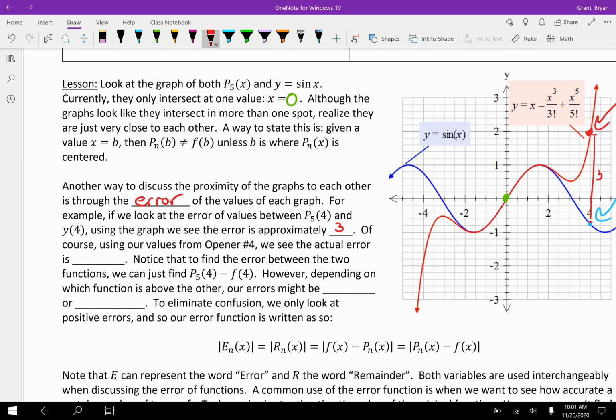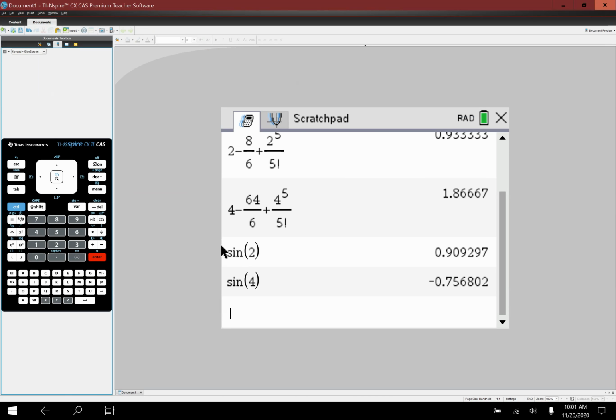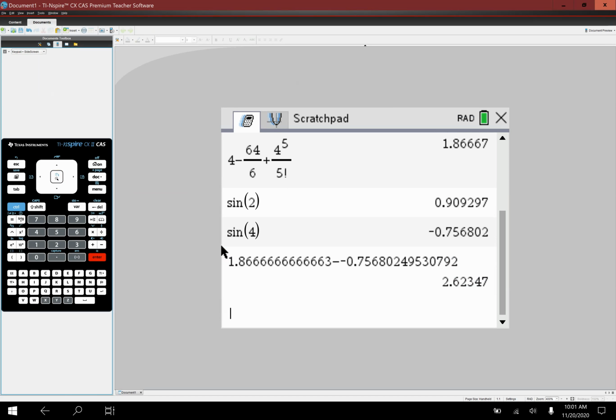Now, of course, if you did use our values, let's find the exact error. Might as well, I have them up here anyways. And remember, to find the error of anything, you take the two values and you subtract them. That's going to tell us the difference between, and let's do sine of 4. And so the error is 2.623. Now, sometimes you might say, well, what happens if we subtracted them the other direction? Is the direction important?